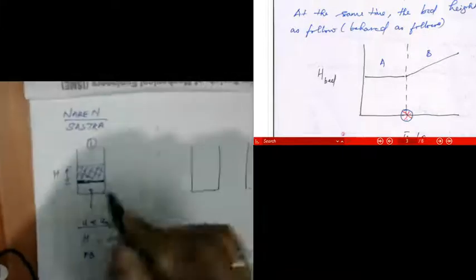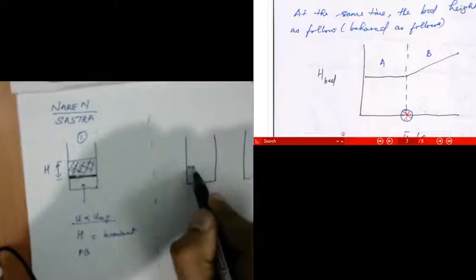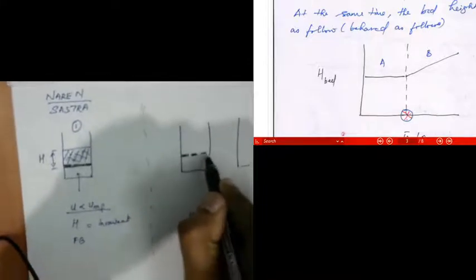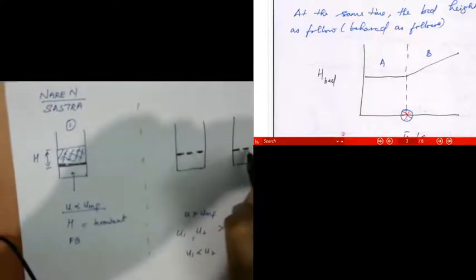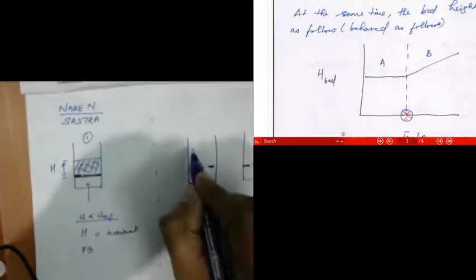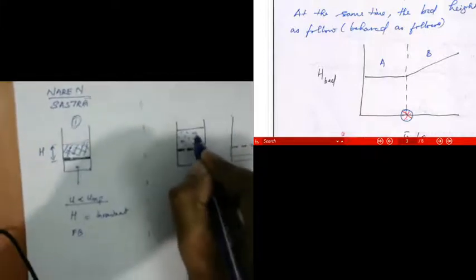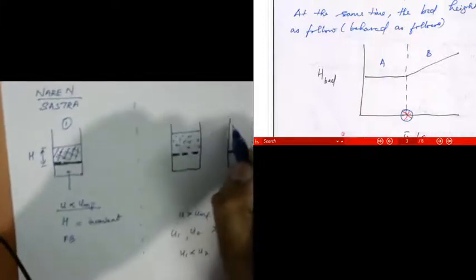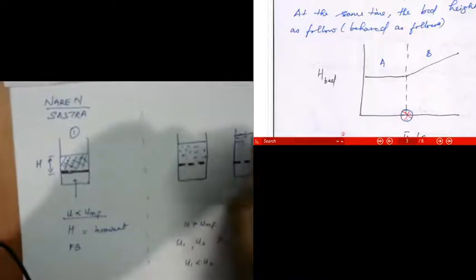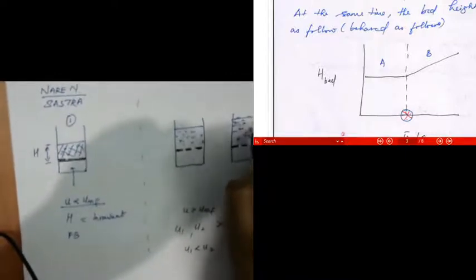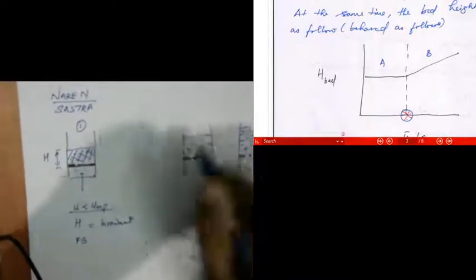You still have the distributor plate here. But now this bed will be at a little higher position. So these particles would have expanded, and here it is even more expanded.